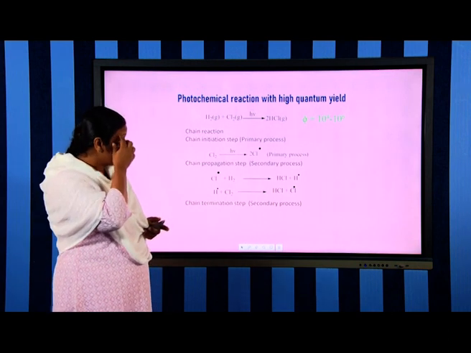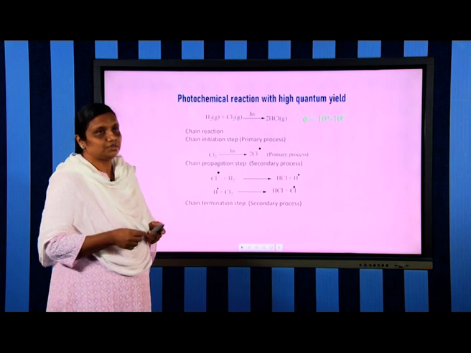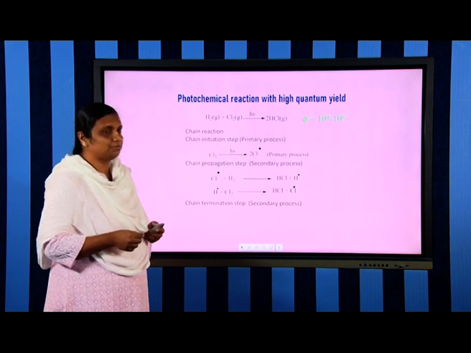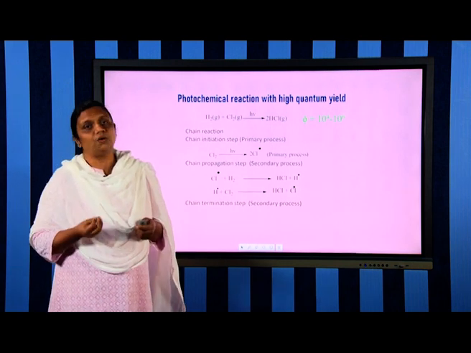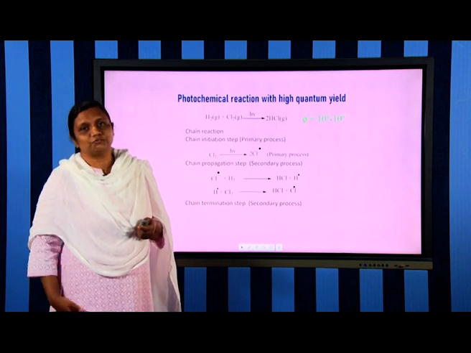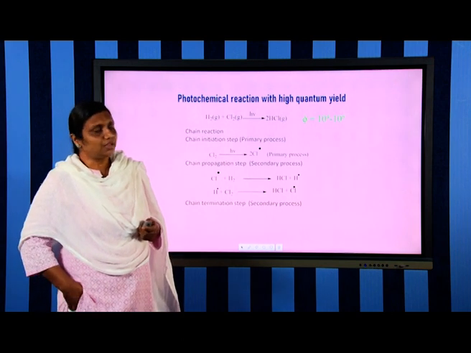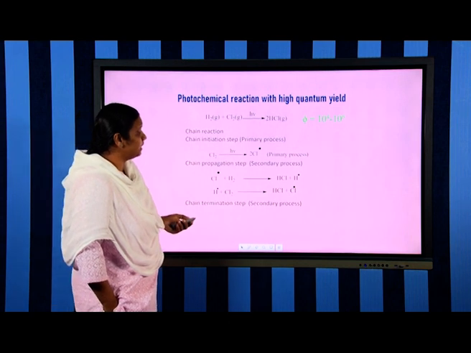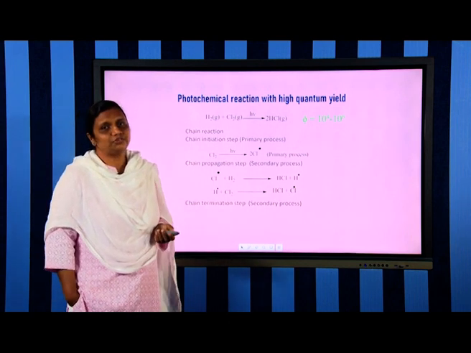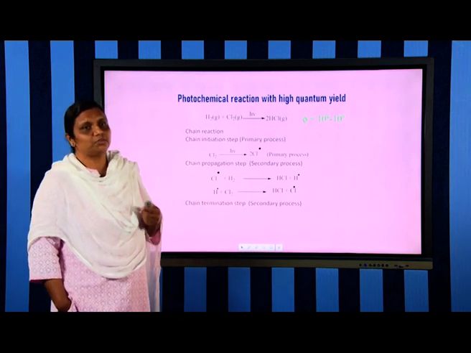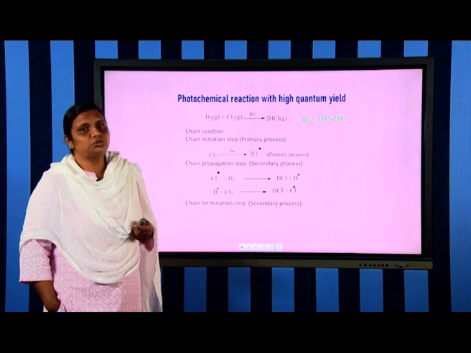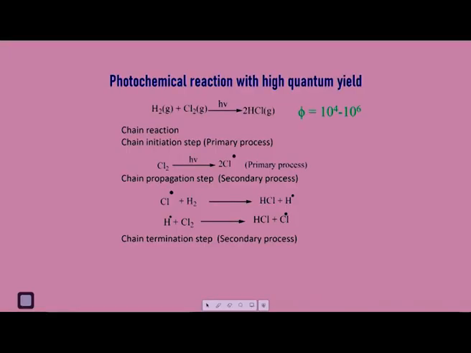So, in both cases of this chain propagation step, a free radical is evolved which results in the formation of the product. Termination is possible wherein a hydrogen free radical and a chlorine free radical form the product HCl, or 2 hydrogen free radicals combine to form a hydrogen molecule, or 2 chlorine free radicals combine to form a chlorine molecule.